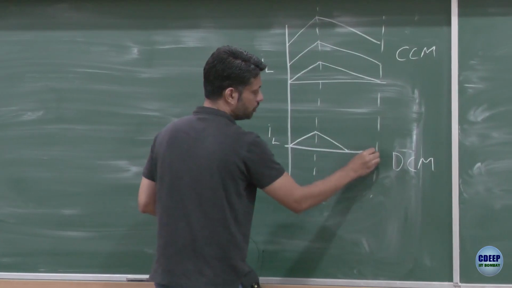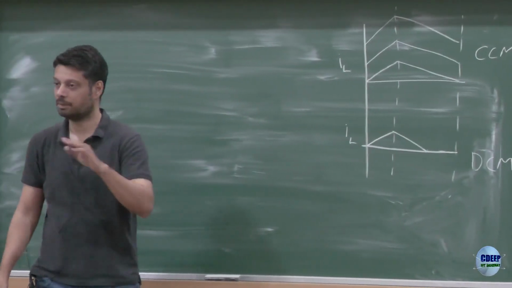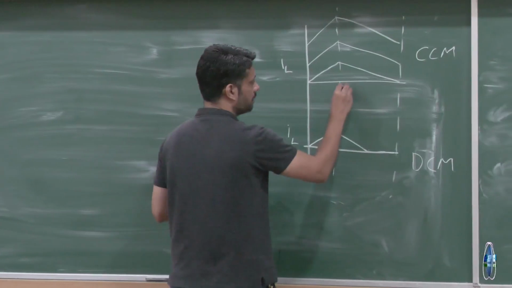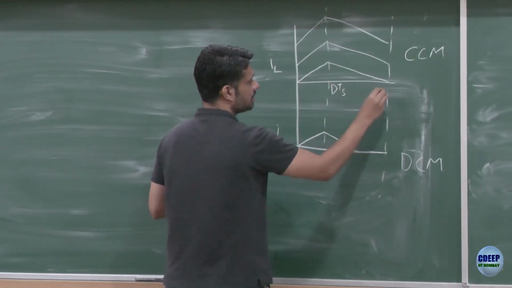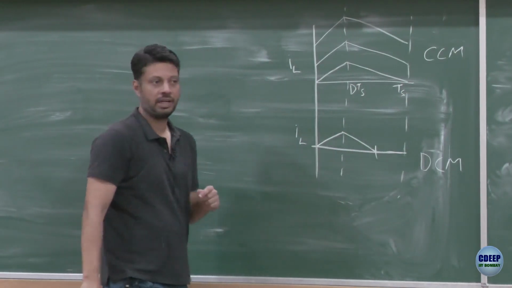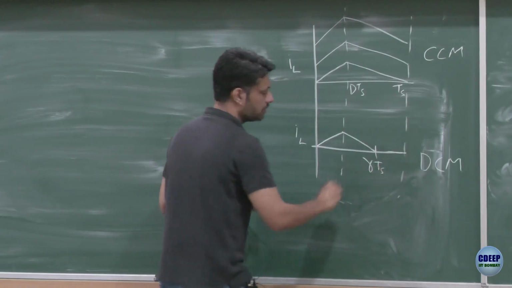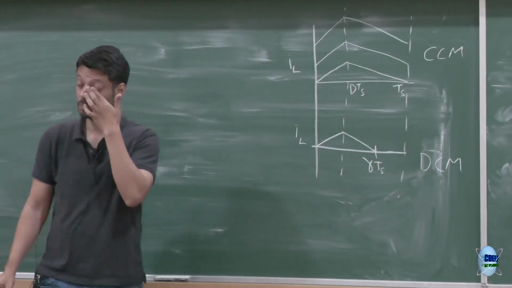It may come to 0 before the completion of the cycle, before Ts, and then it may remain at 0. This is what we saw last time. So this is dTs, this is Ts. This point is a new point now. Let's just write it as gamma times Ts, where gamma is less than 1.